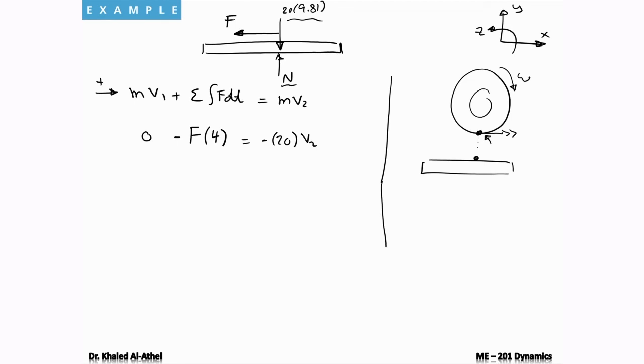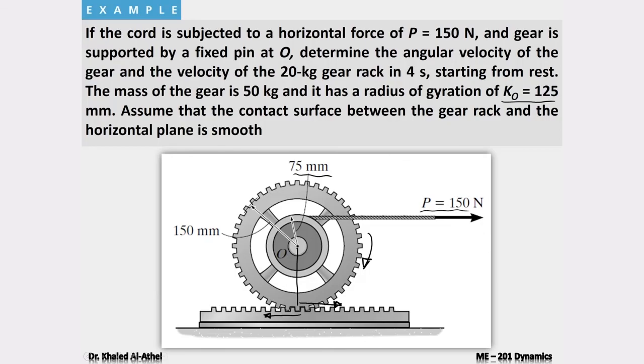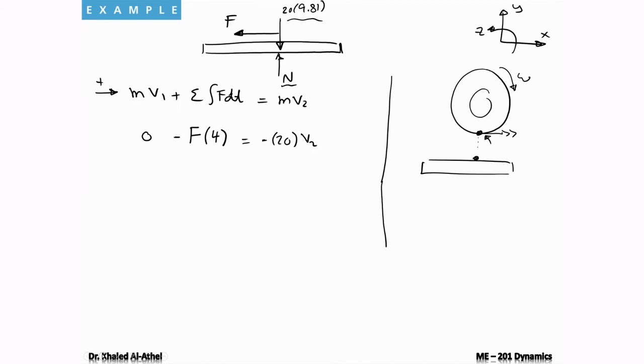So let's call this point A, just for the sake of discussion. I'm going to write V_A from here. V_A should equal omega of the gear times R, which in this case equals 0.15 times omega. So I'm going to use this as my V2 in this case, because the point is shared.